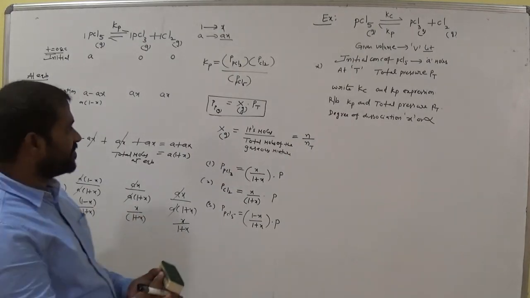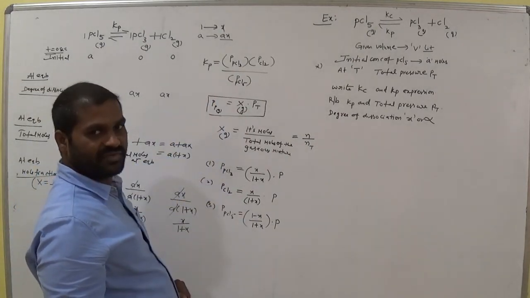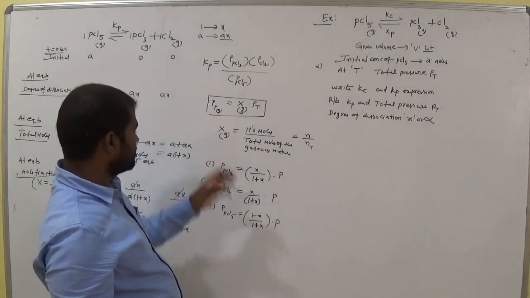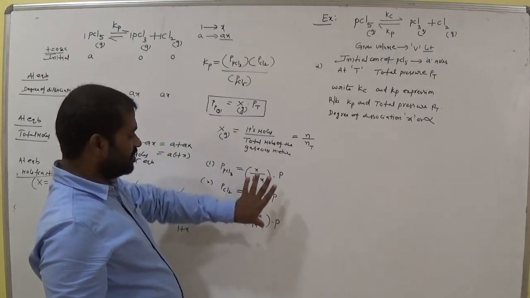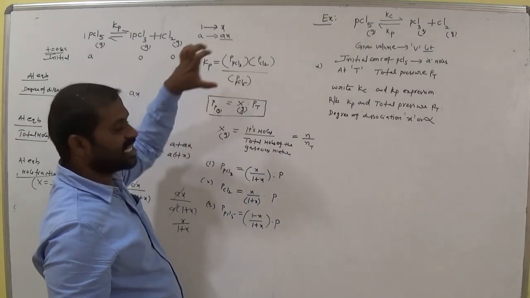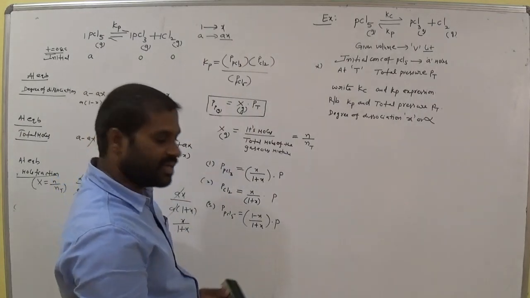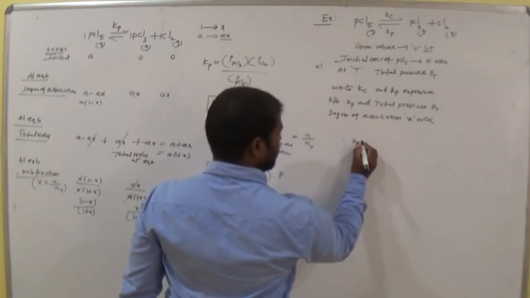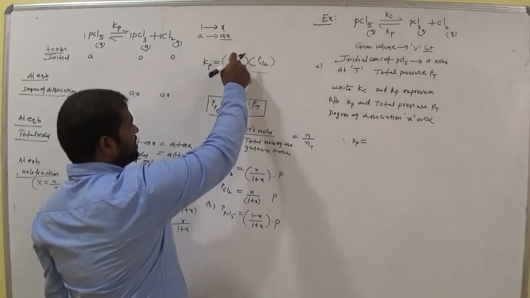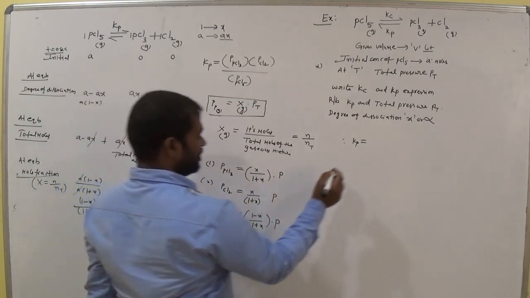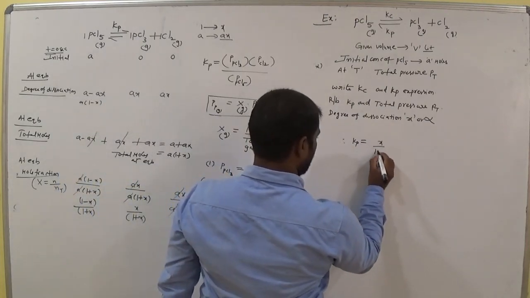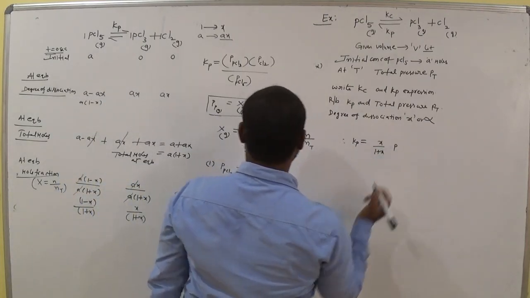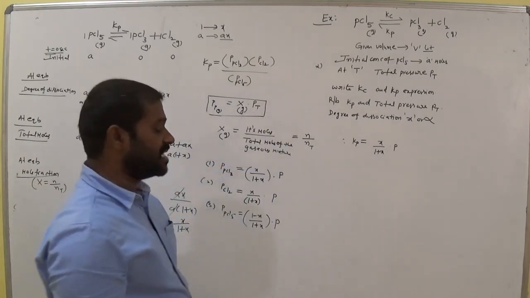Now keep all these values in this equation. We already have these terms here, am I right? Now keep all these three values in this expression, then we get the value of Kp. So therefore Kp is equal to, what is the partial pressure of PCl3? X by 1 plus X into P. What about partial pressure of Cl2?